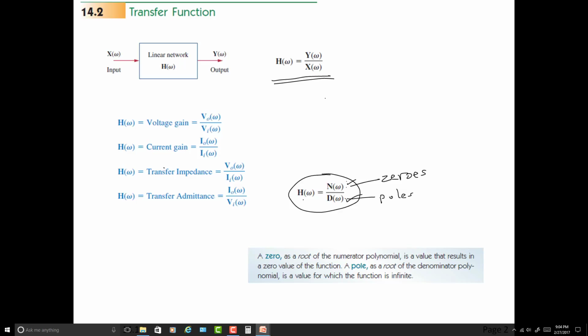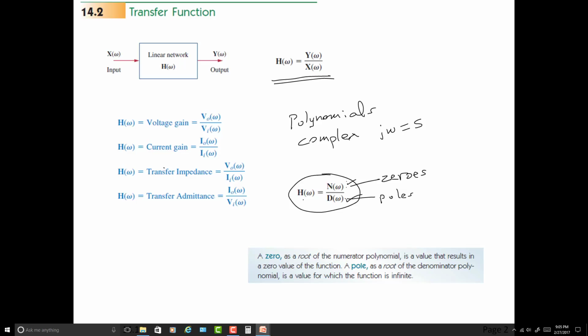There's also, by the way, a substitution, since we're basically going to be dealing with polynomials here, and they're going to be complex. Hence, they're going to be filled with a lot of j omegas. At some point, even in one of the examples here, we're going to start substituting s for j omega.